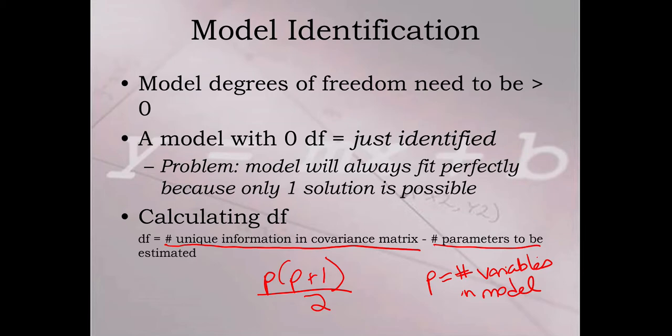So in the example where, let's say we have GPA 1 and SMA predicting job score 3, how many pieces of information will be in that model?